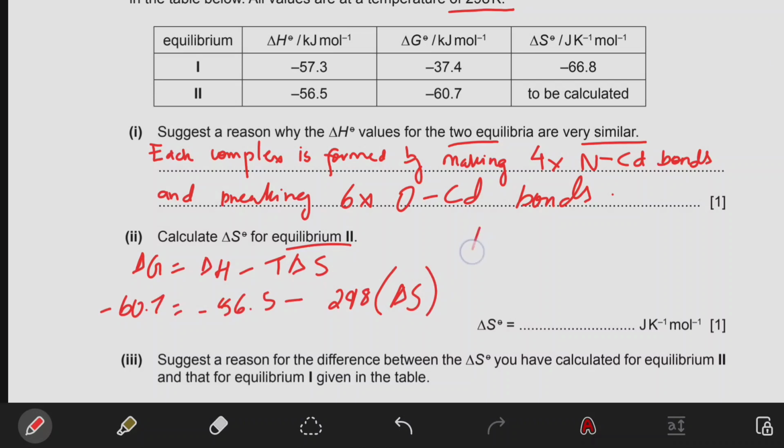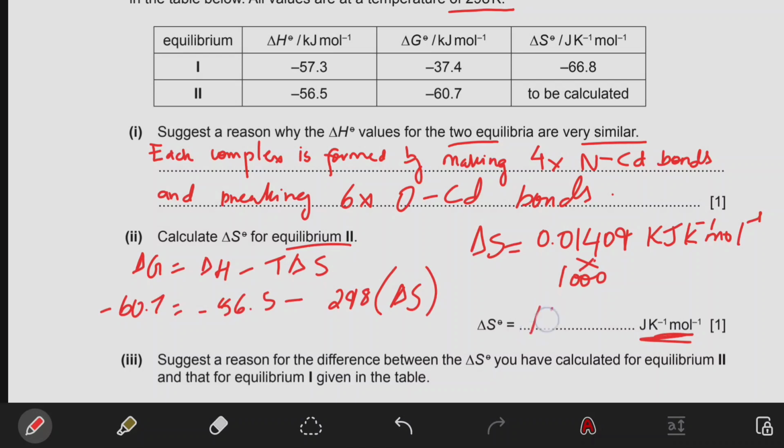Remember that this would give us the answer as 0.01409, and then we need to multiply it by 1000 to get it in this unit, joules per Kelvin per mole. So that would become 14.1.